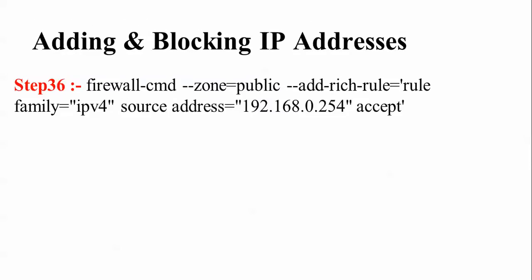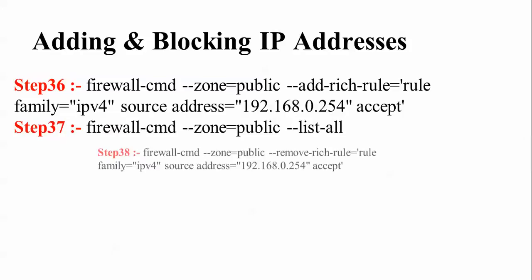For that, this is your rich rule, with which you can add a rule for the IPv4 IP address. You can give a single IP address, or you can give an IP address for the whole virtual network. You can also give the default gateway, and in place of accept you can give reject.